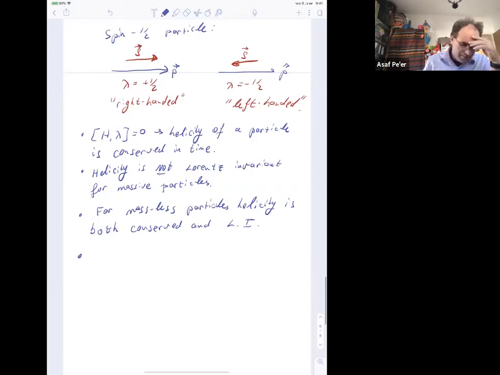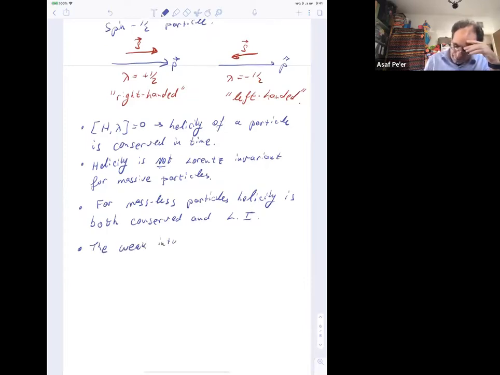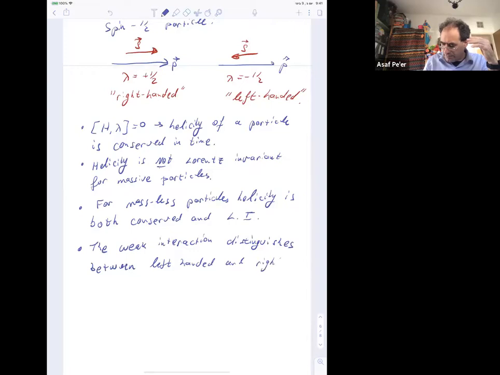Okay, so the weak interaction distinguishes between left-handed and right-handed states.